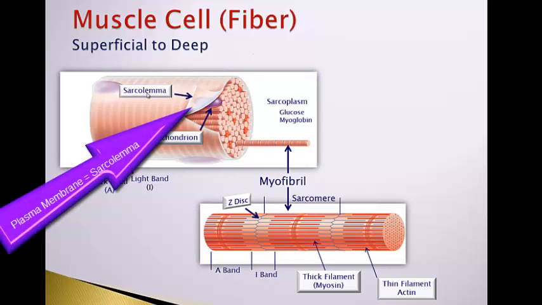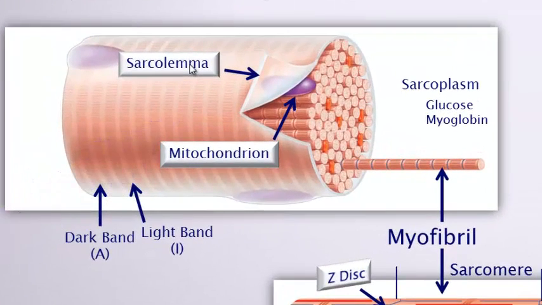There's only two types of plasma membranes that come with the name lemma. Lemma means it's a plasma membrane that does actually have an electrical event conducted down its surface. The other one being the nerve. If we were looking at the neuron's plasma membrane, we would call it the neurolemma. To separate that from the muscle, we use the prefix sarco: sarcolemma.